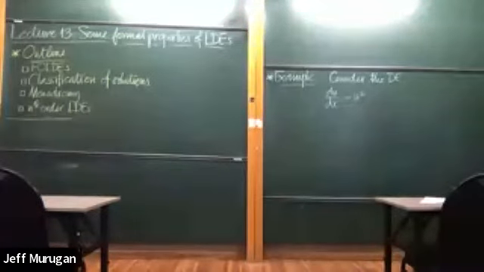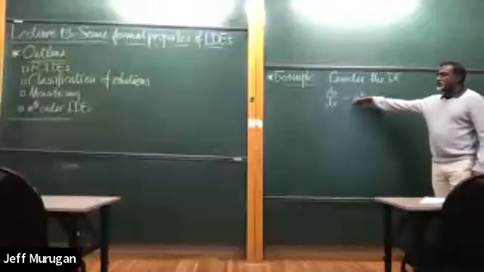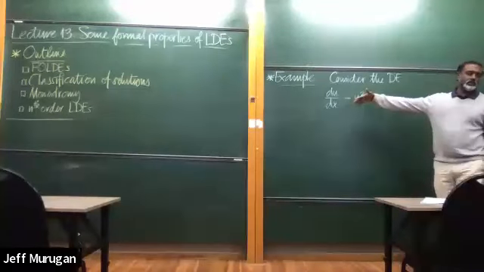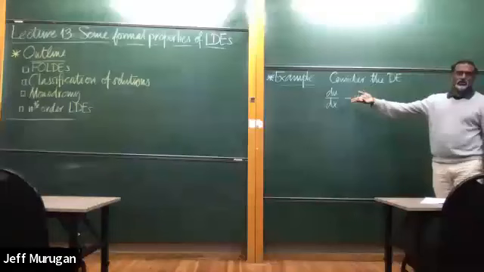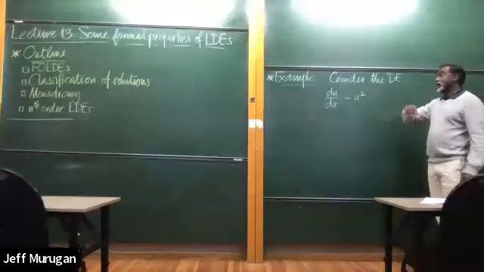We'll get to the linear differential equation shortly. So I can solve this equation because it's first order and it's separable, and we can take all the u's to one side and the x's to the other side, and I can integrate.